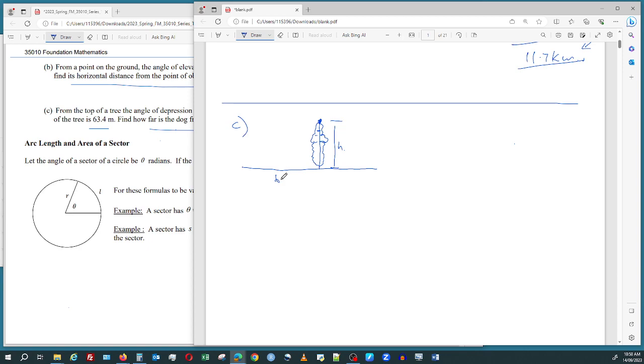But we're told that the dog is 63.4 metres away. So here's your little doggo. Ears, the tail, some legs. Okay, and an eye. We need an eye there, please. So the doggo's looking up at the top.